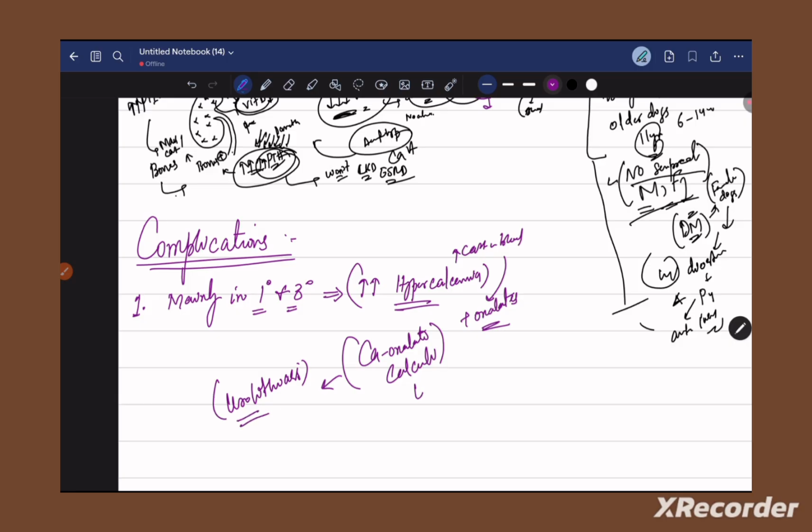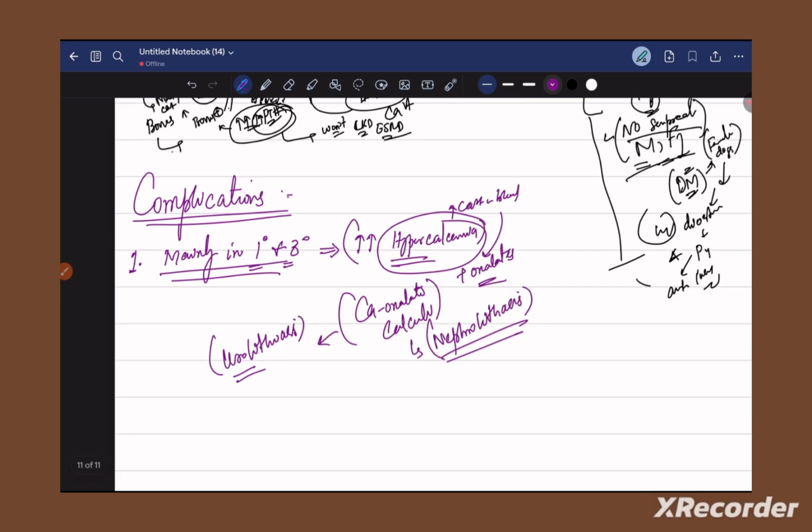Sometimes these calcium oxalates are also found in the kidneys, so there will be nephrolithiasis. This is one of the complications. Because of the hypercalcemia, it binds to the oxalates, and this leads to urolithiasis.